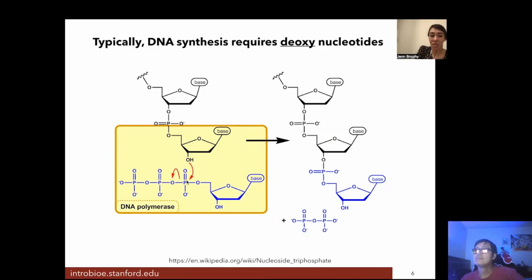And this oxygen or OH group interacts with the triphosphate to catalyze a reaction that leads to the attachment of this new nucleotide onto the growing DNA strand, right? So the presence of this OH group is really important for the elongation of a DNA molecule. And this is what's happening in all of your cells as your DNA replicates. This type of chemistry is occurring.